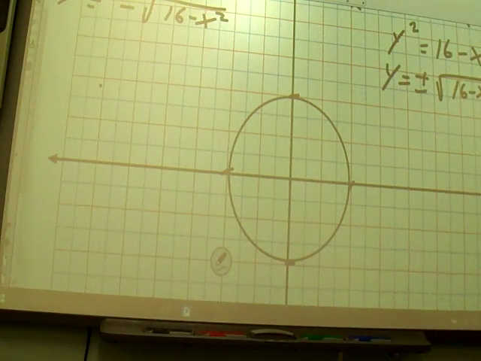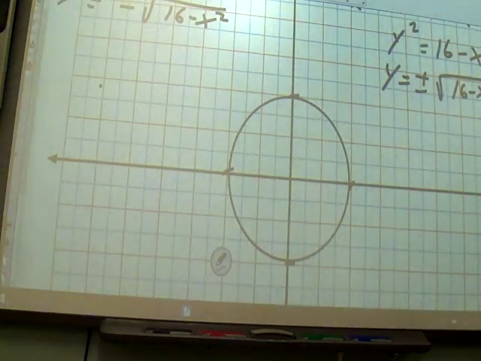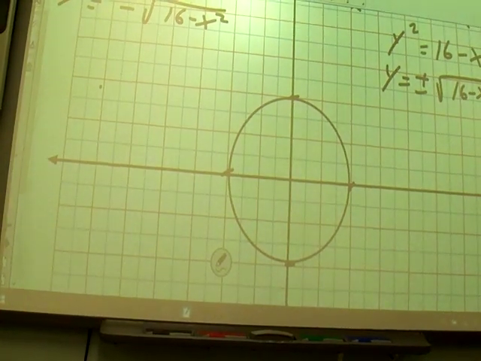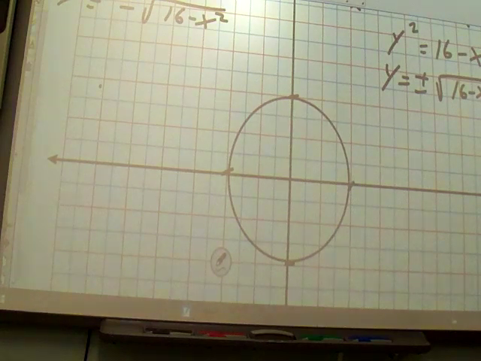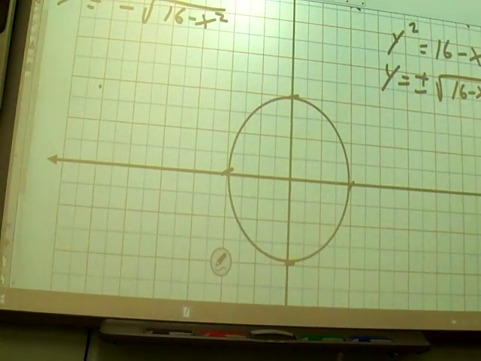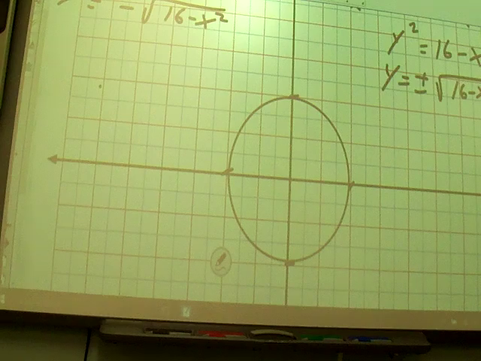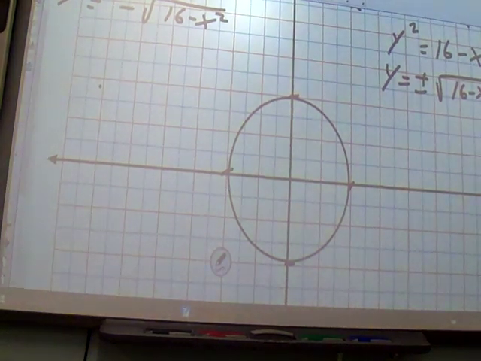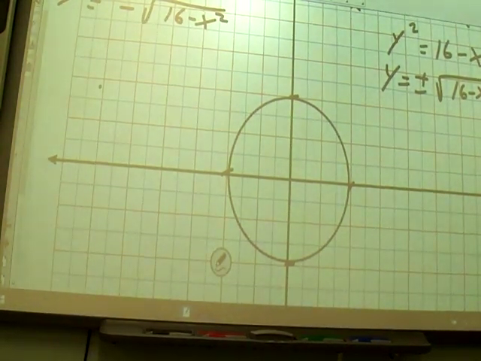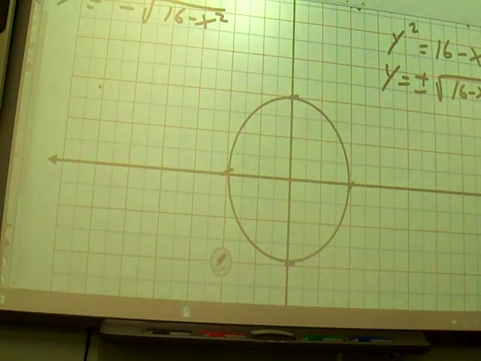Tomorrow we're going to have an assignment over these graphs, the exponent properties that we learned the day before yesterday, and solving equations like y'all did yesterday. It will mix all that together on one of those little quiz worksheets.